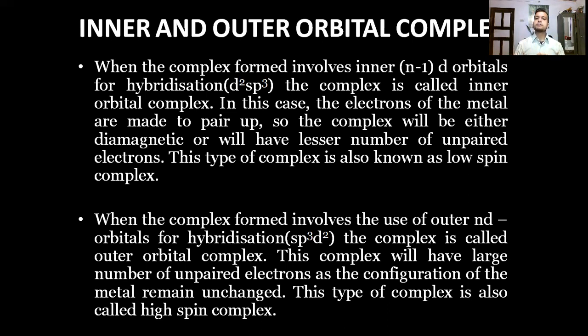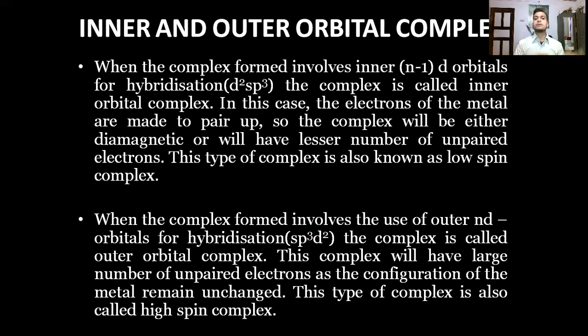In this type of complex, most of the electrons tend to remain paired. So usually the inner orbital complexes are diamagnetic, and if they are not, they will have a very small number of unpaired electrons. They will not be highly paramagnetic complexes.